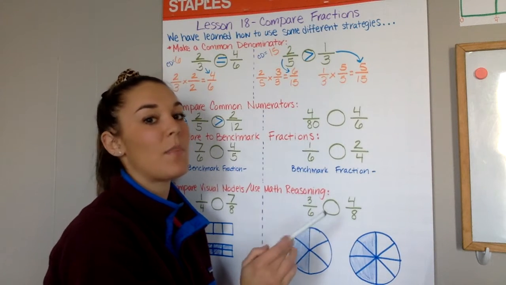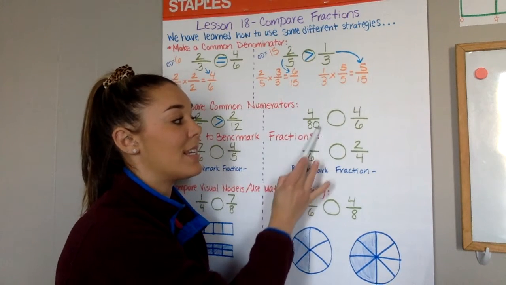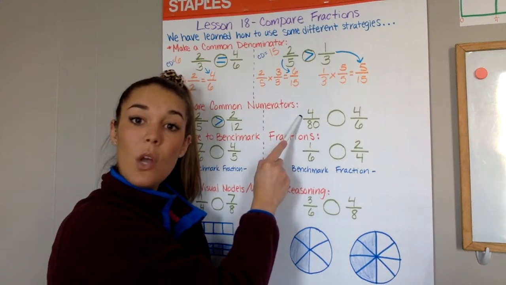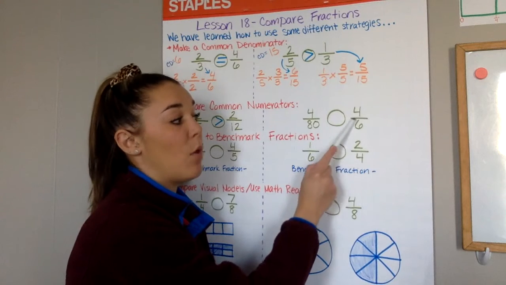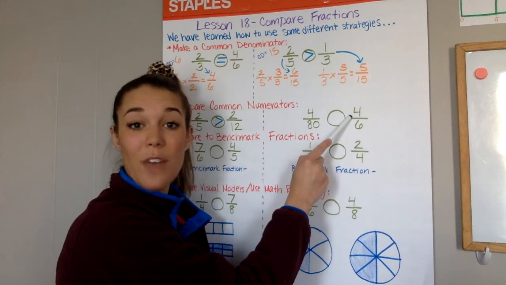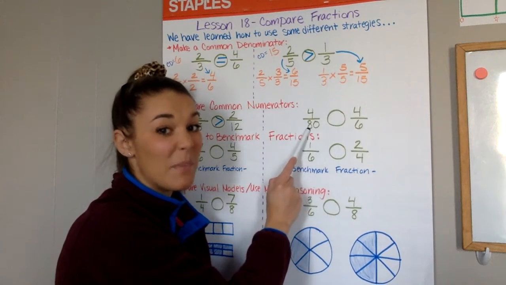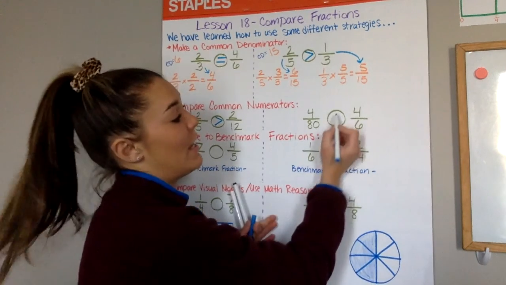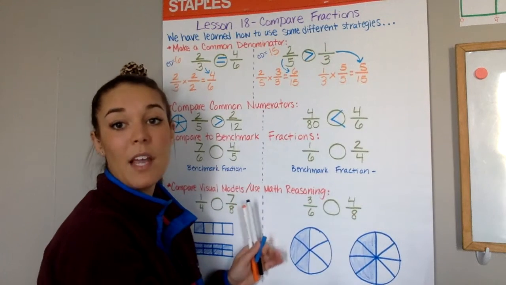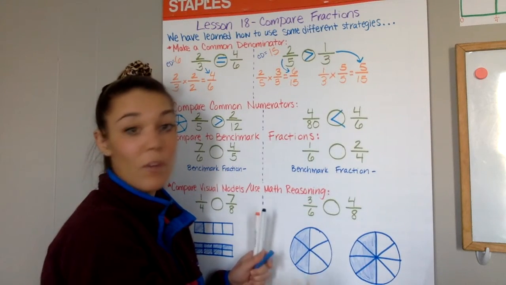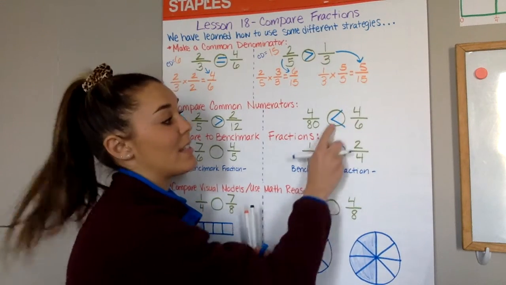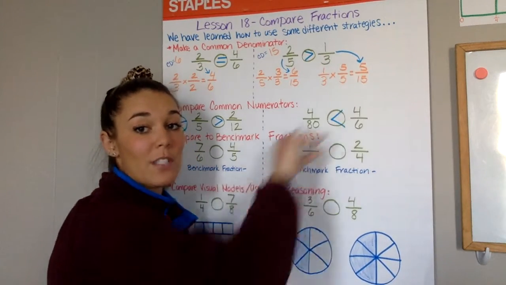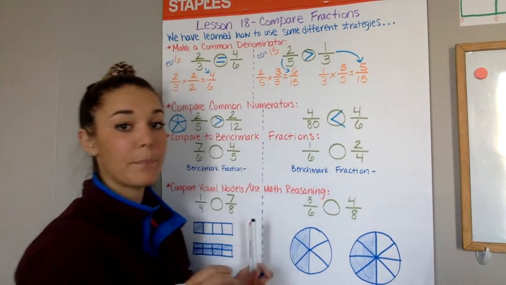Okay, so if I have something that's cut into 80 equal parts, and I get 4 of them, or if I have something that's cut into 6 equal parts and I get 4 of them, well, I know these would be a lot smaller, right? So that means that 4/80 is less than 4/6. Remember, when you're using these signs, they're always eating the bigger number. So that's why it's coming after the 4/6, because that one's bigger, okay?